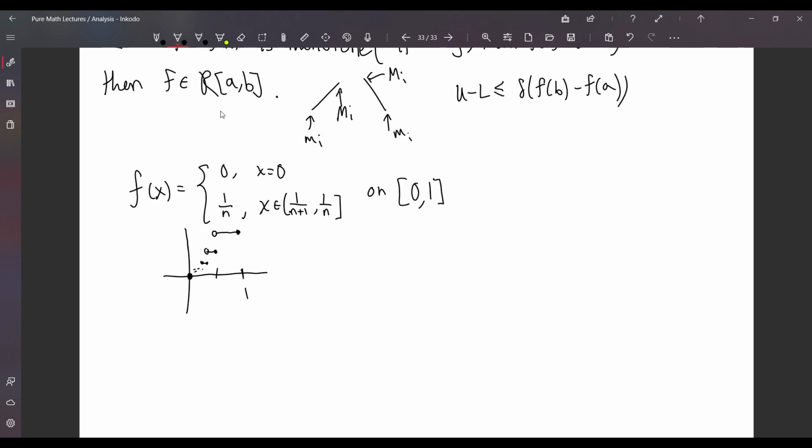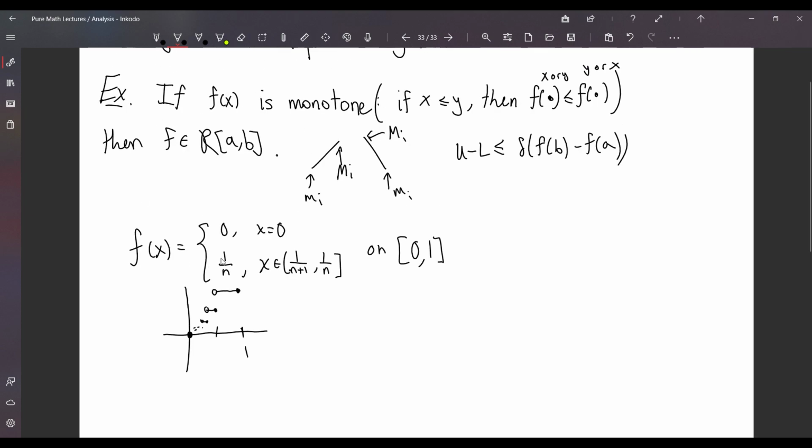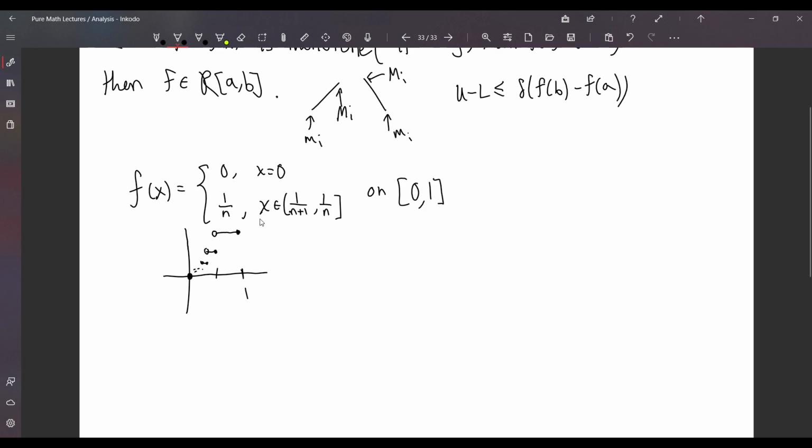And so this result tells us that this function is Riemann integrable, and by breaking up the integral into the sums of these rectangles, you can actually find that the value of the integral is equal to pi squared over 6 minus 1. But I'm not going to go into the details of that. It's a nice exercise.